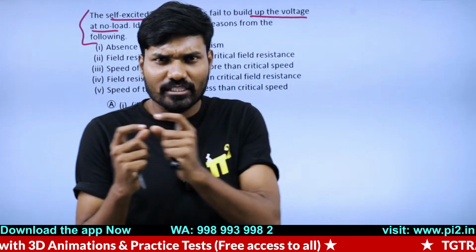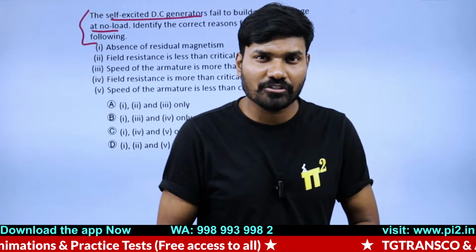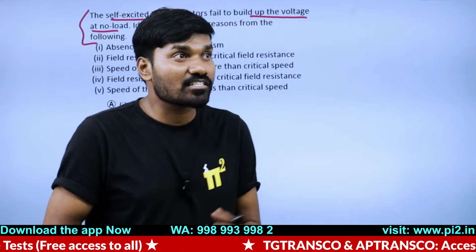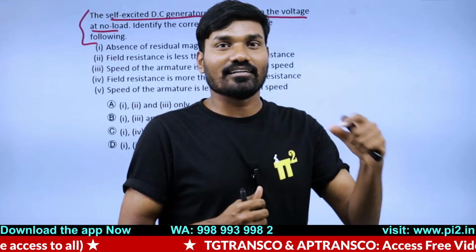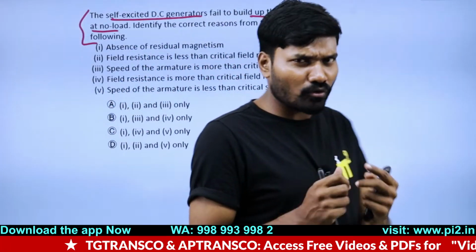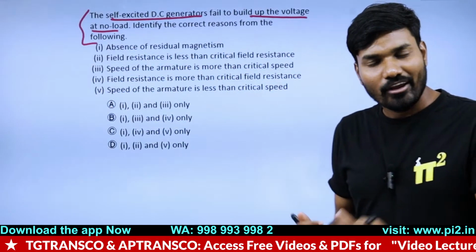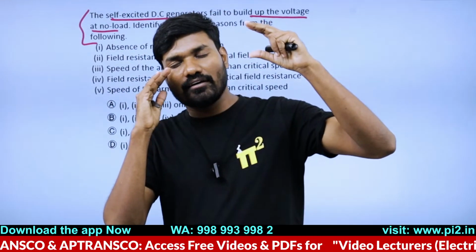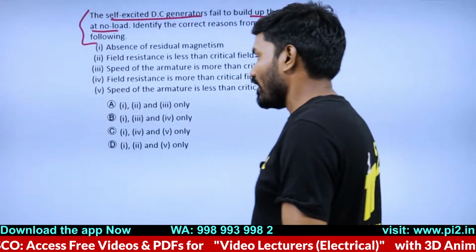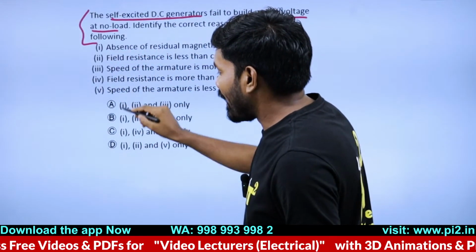I will explain all these points with amazing animations in our lectures. Field flashing, these topics you will not get anywhere. What is this field flashing? Why you have to do field flashing, what is the advantage, all those are already discussed. If you recap those concepts right now, you can easily elaborate and opt for these 4 options.